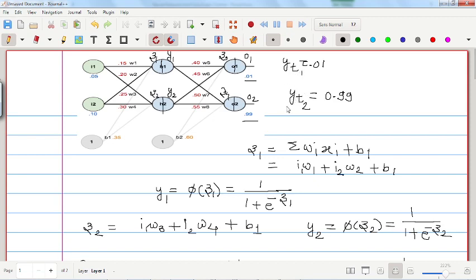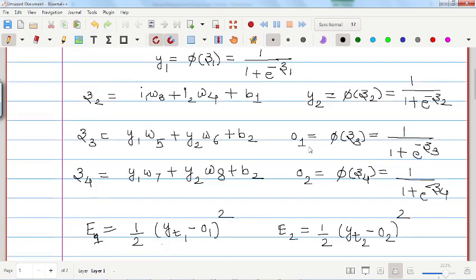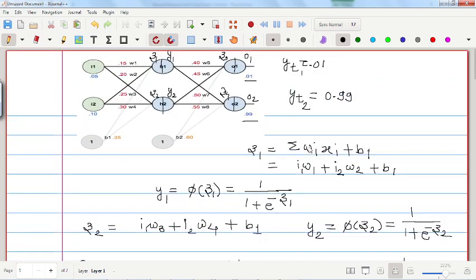Apply the forward pass properly, because we have solved this problem a number of times. So apply the forward pass, calculate all the values, and then when you are updating the values of W5, W6, W7, W8, this is the pair for which you are updating the weights, and this is the other pair. Don't get confused in any derivatives.